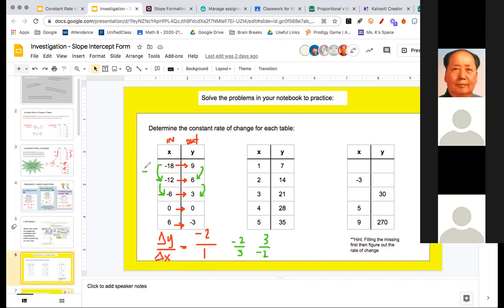So here I'm adding 6 every time. Adding 6, adding 6, adding 6. Over here, what's happening? I'm subtracting 3. Okay, I'm just looking at what's happening from this number to this one.